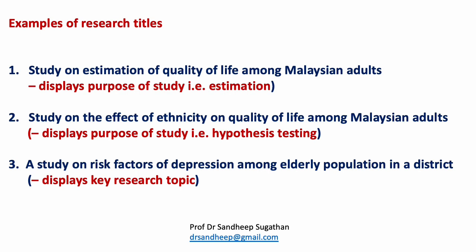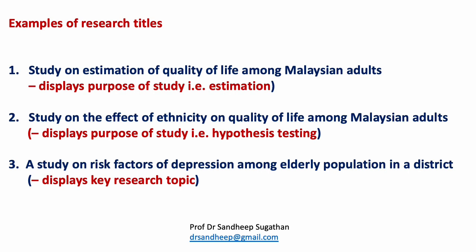There may be multiple ethnic groups. Ethnic group 1, what is the quality of life? Ethnic group 2? Ethnic group 3? Are they significantly different? So the purpose of this study is hypothesis testing.